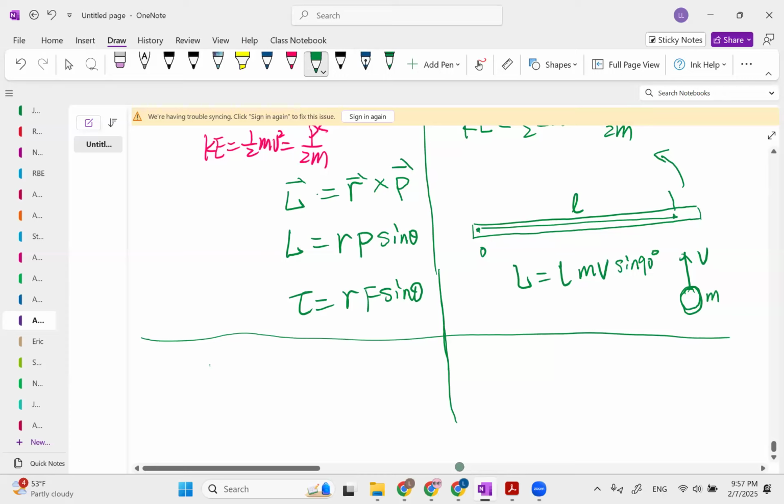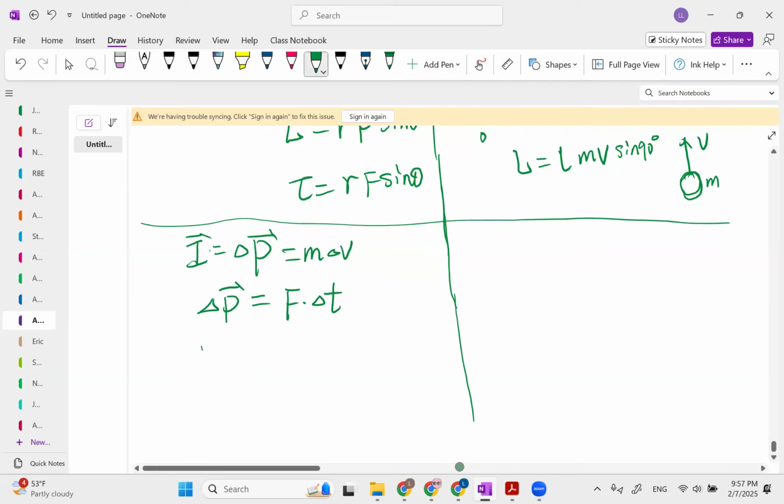You also need to know impulse, right? Remember what's impulse? Impulse equals change in momentum. Change in momentum, remember m delta v, right? We derive, you will get F times delta t, right? So you will get delta p equals F dt, right?